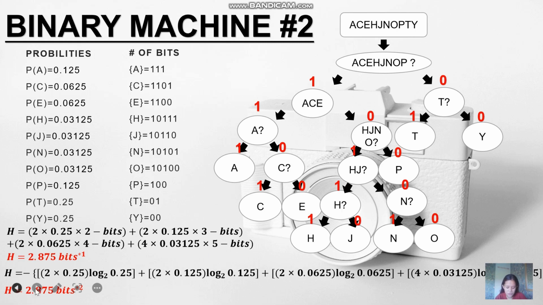And for the second, using the Hartley equation or Hartley function, the solution is negative 2 times 0.25 log of 0.25 to the base 2, plus 2 times 0.125 log of 0.125 to the base 2, plus 2 times 0.0625 log of 0.0625 to the base 2, and 4 times 0.03125 log of 0.03125 to the base 2, and then a total of 2.875 bits for the entropy of binary machine number 2.